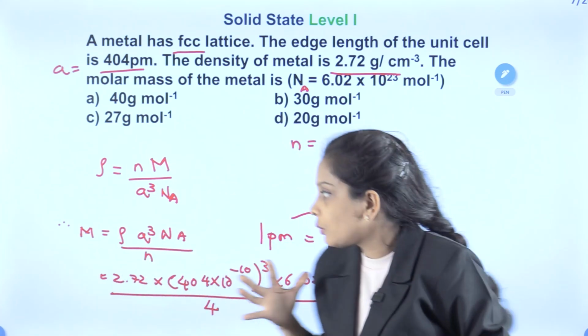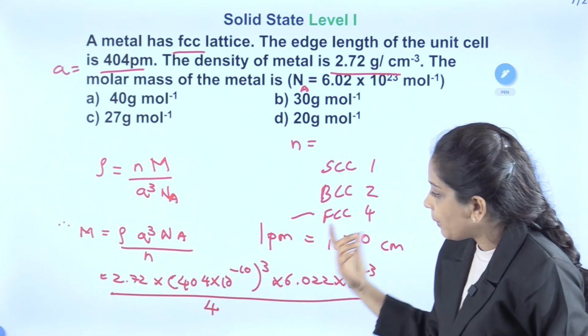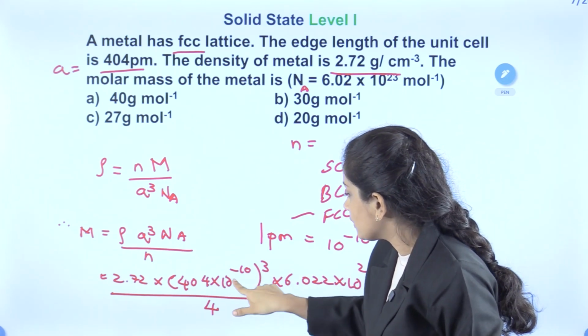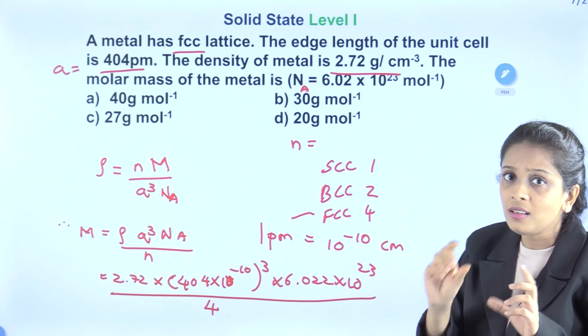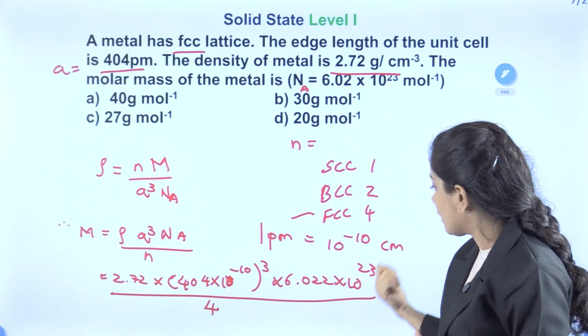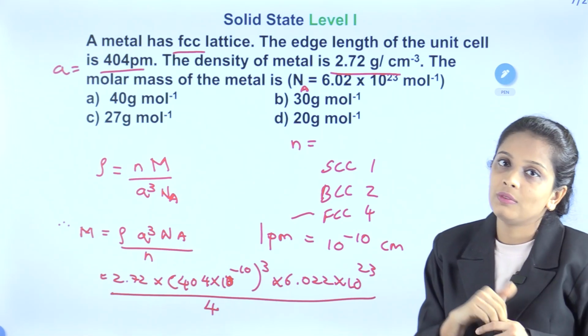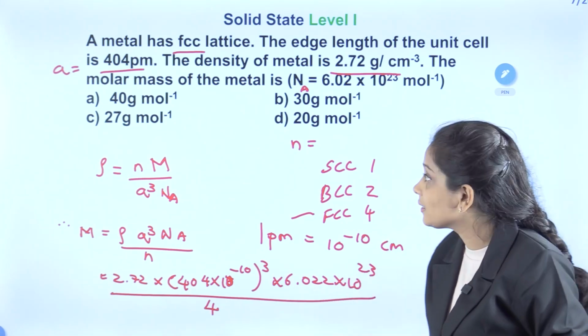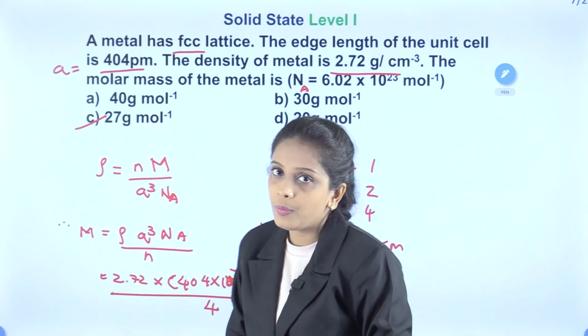Yes or no? So we need to take the cube of 404, and 2.72. Make sure this 10 raised to minus 10, cubed, is going to cancel out with this 10 raised to 23, and the remaining part will be 10 raised to minus 7. We need to solve this part, and when we solve, we are going to come up with the answer, which is nothing but 27 gram per mole.